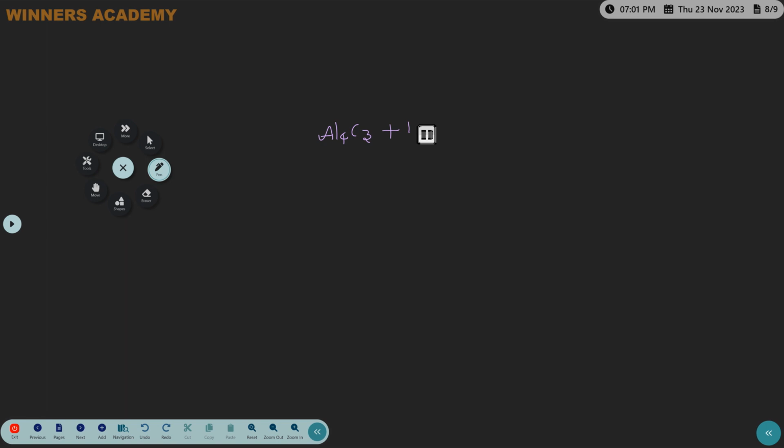When treated with hydrolysis, H2O, water, as a result aluminium oxide, Al2O3, plus CH4 are formed. Methane is prepared by hydrolysis of aluminium carbide. This is aluminium carbide, water. Aluminium oxide and methane gas is liberated.